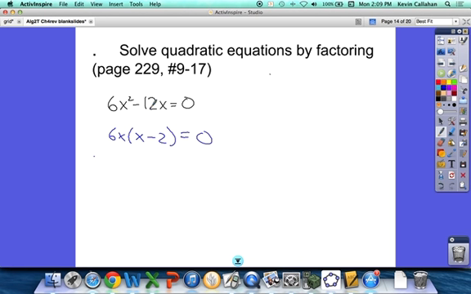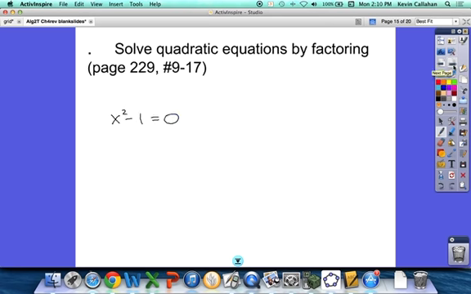Okay, now, what are the answers? Okay, from this one right here, x equals 0. And from this one right here, x equals 2. Right? 2 minus 2 is 0, right? Or just this factor alone, if that factor has an x equals 0, then the whole thing's 0. Okay.